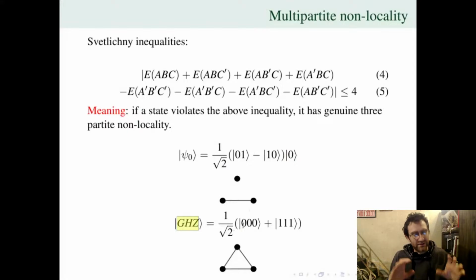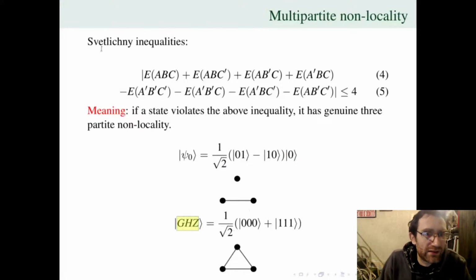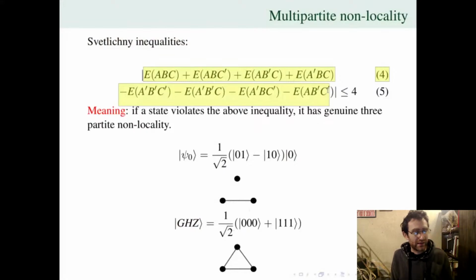And here there exists no bipartition in which you can use local realism. This was studied first by Svetlichny, and he derived what are now known as Svetlichny inequalities. It's a family of inequalities that are tailored to test this.